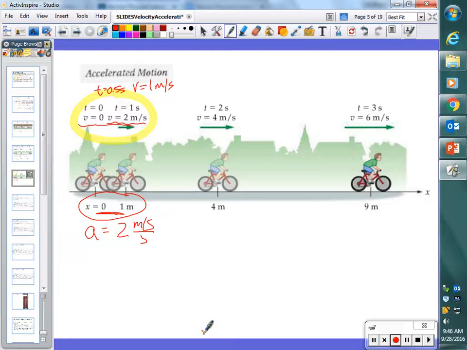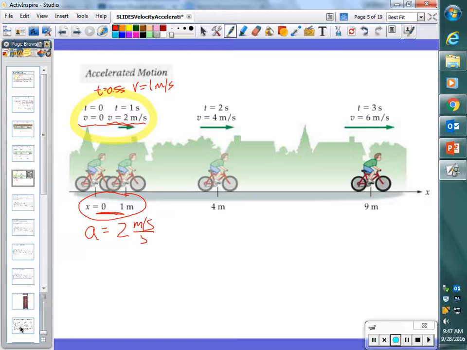Those are both instantaneous, happening at a particular moment, but we can figure out the average from that information. So Frank, applying our definition of average to this situation, if we started off at 0 velocity and ended up at 2 velocity, what was the average of those 2 numbers? 1.